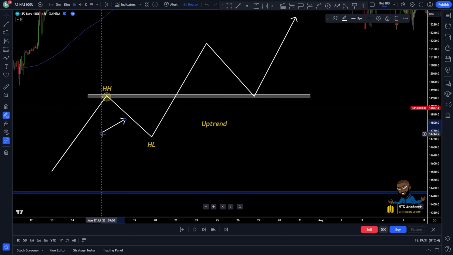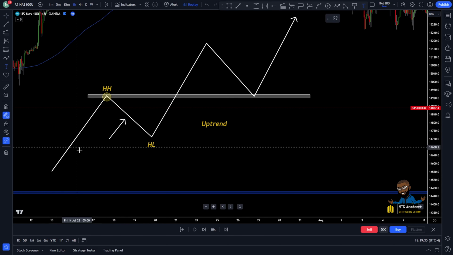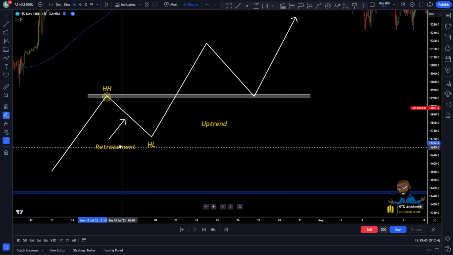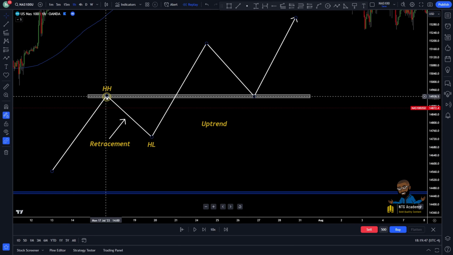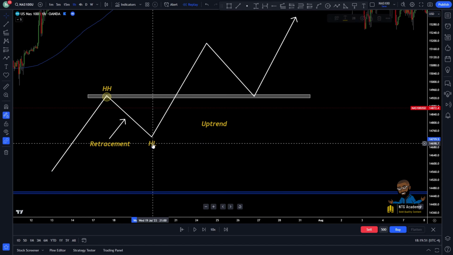This is going to be our retracement here. Once we get our retracement, this is where we start to create that next higher low.